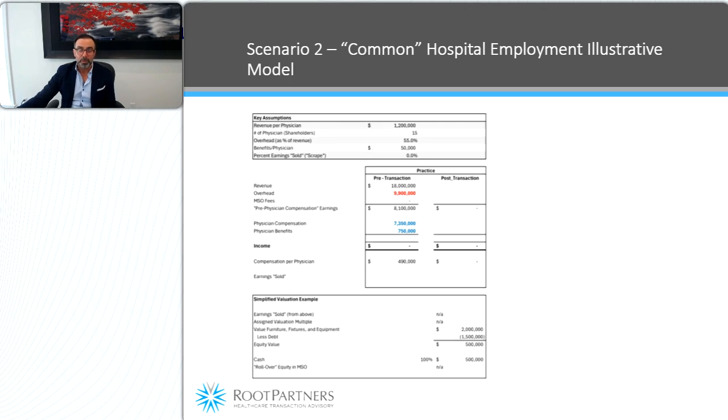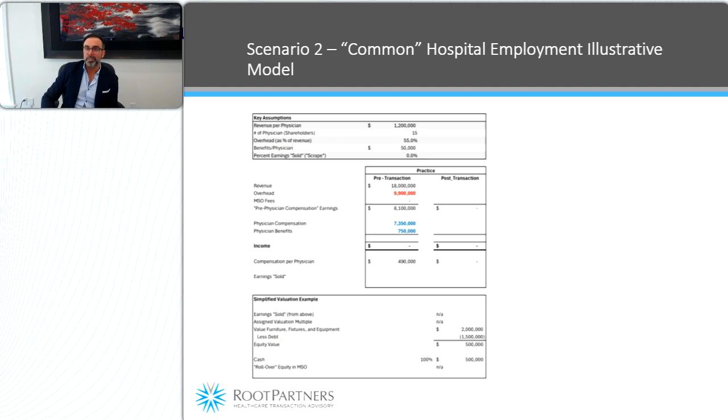Now, again, I have lots of clients who are health systems. It's a very different model. You're not going to get a huge purchase price on this type of deal. You can see down here that in most of the deals I'm seeing with health systems these days, the health system's not paying a big multiple of earnings. Why?